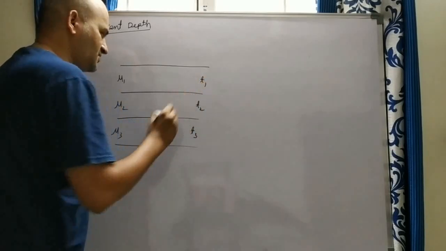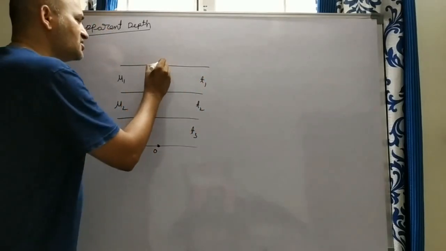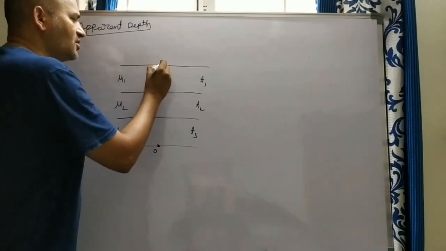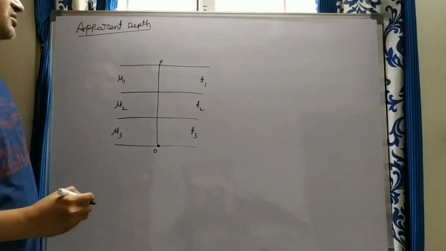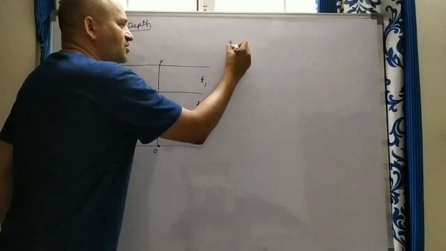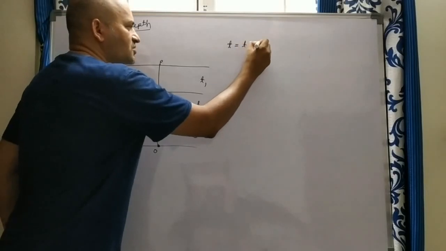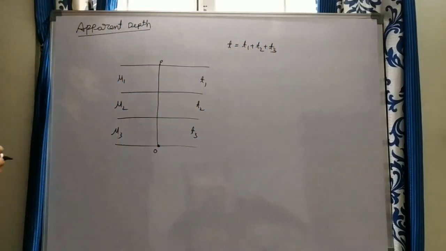Suppose the observer is here. What is the real depth? This total is the real depth we have to take. The real depth T is equal to T1 plus T2 plus T3. That is the real depth.